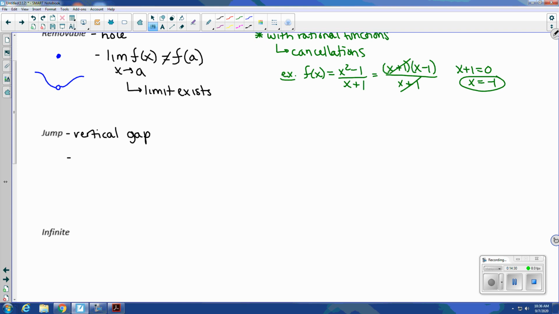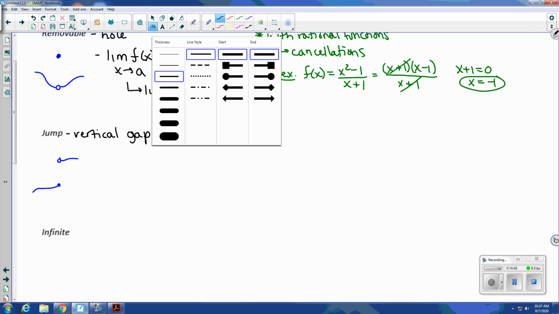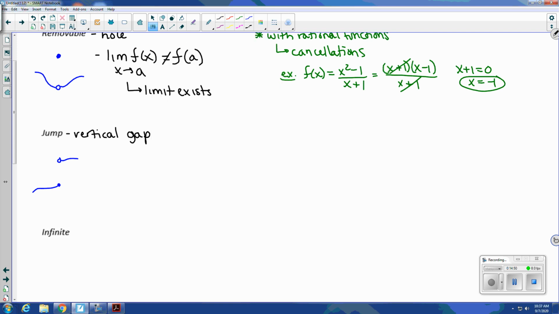Formal definition, maybe you can think of it on your own, you can even pause the video and try. But let me draw a picture and we can come up with a definition on our own. Like we saw in our picture, we have this vertical gap here. How would we define the jump discontinuity?